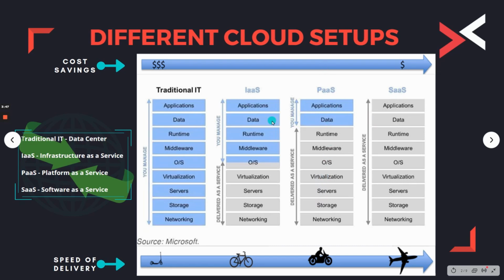Then the extreme of the data center, where you manage everything, is where you don't do anything. You just have a software as a service. For example, Gmail, we just log in, use Gmail. Do we know how many servers it is sitting on? Nope. Do we know when the application gets upgraded? Nope. We really don't care. All we do is just turn the key and the car starts.